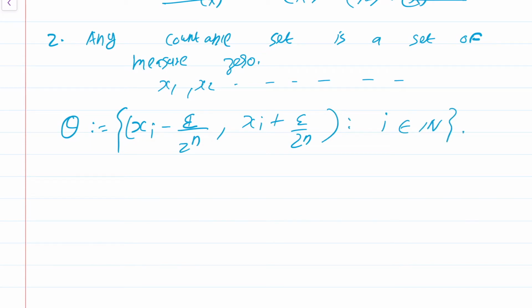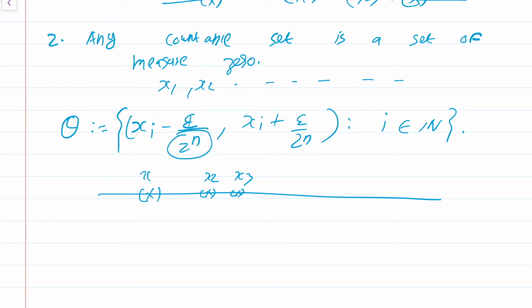You look at intervals of this type. So what is happening is, since we have no control over the denominator, we cannot have an epsilon by n. What you do is you start shrinking subsequent things. So if this is x1, this is x2, this is x3, you make the intervals smaller and smaller, and you control the size of these intervals by putting this 2 power n in the denominator.